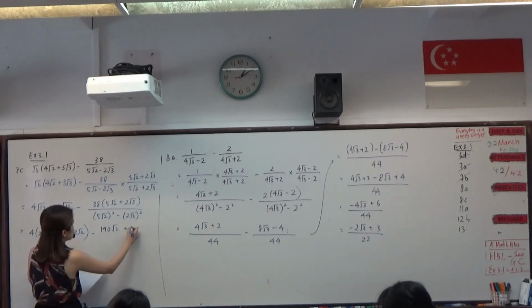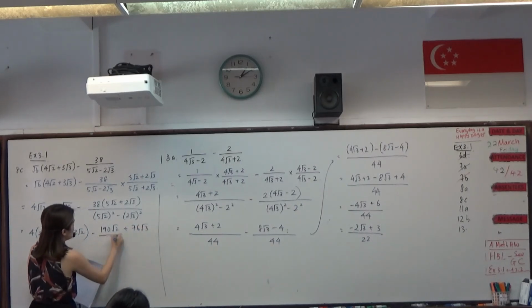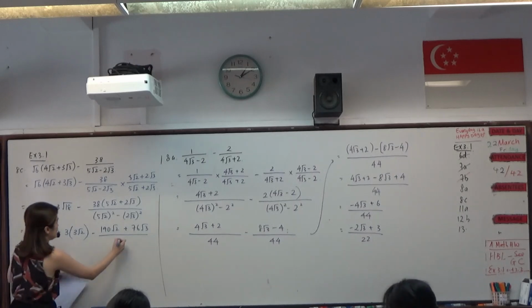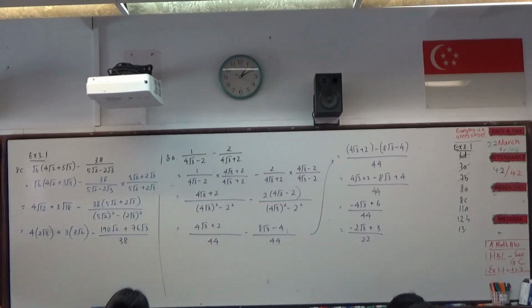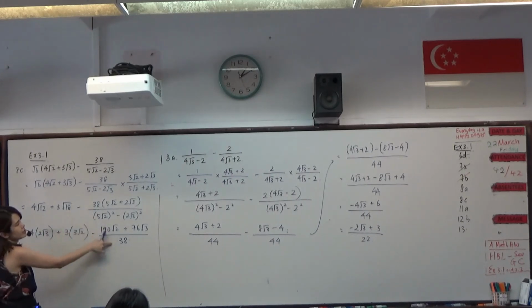Then 76. Denominator will be 38. Actually, we just cancel the 38. Yes. So actually, if the denominator is equal to 38, you can just cancel with the 38.